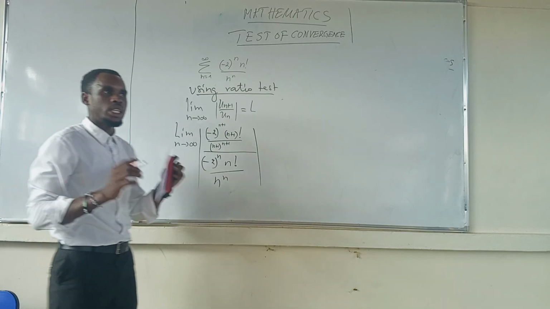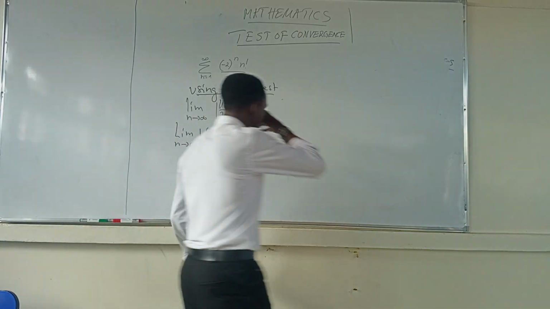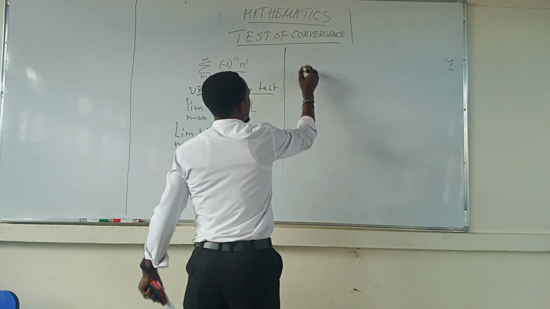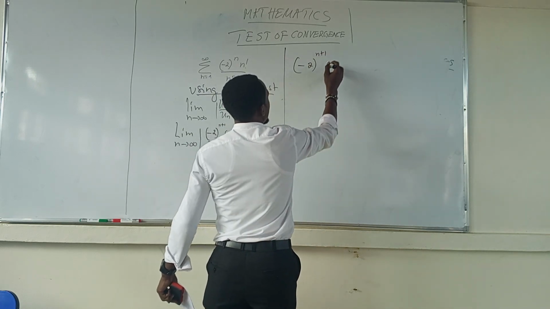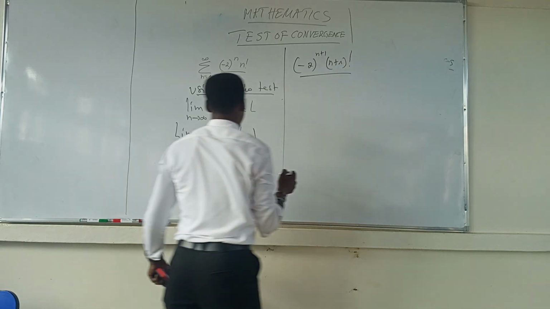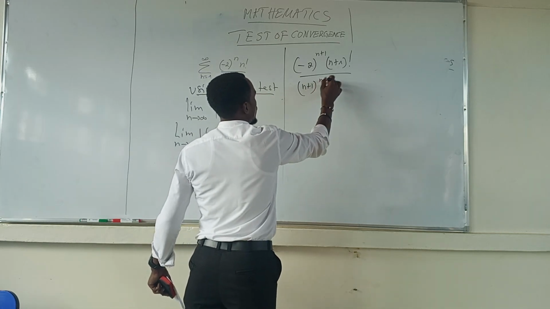You take the numerator, then you multiply by the inverse of the denominator, which means this is just going to be negative 2 power n plus 1 times n plus 1 factorial over n plus 1 power n plus 1.